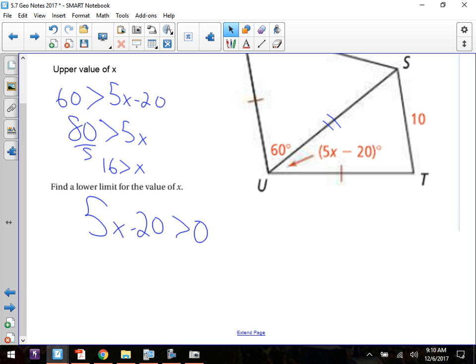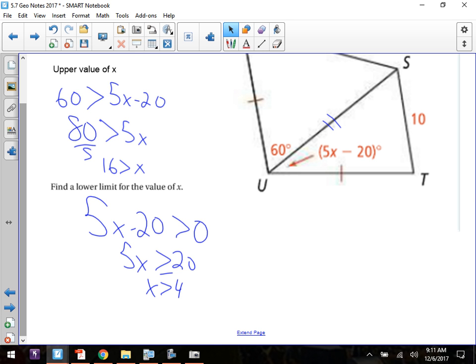Okay. In this case here, you solve this one then. So 5x is greater than 20, which means x has to be greater than 4. So you have an upper limit and a lower limit. And you're right, you can't have an angle that's less than 0. The reason why this works also is because I'm not putting that little greater than or equal to, it's just greater than.